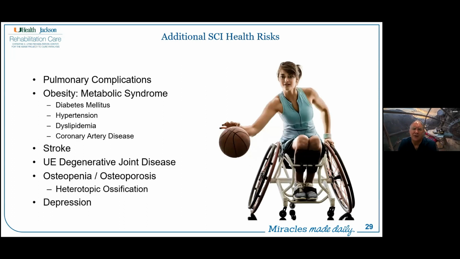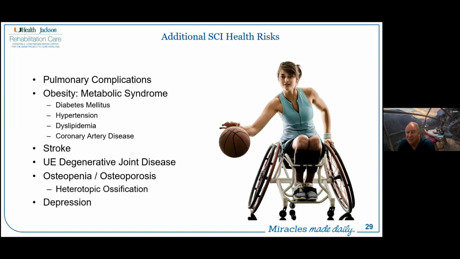We know that there are significant health risks that we haven't spoken about already. So additional pulmonary complications related to exercise, obesity and metabolic syndrome related to insufficient exercise to compensate for an intake in which the person has lost some degree of satiety, that is fullness, while they're eating.